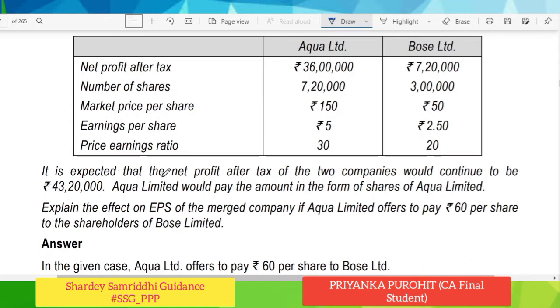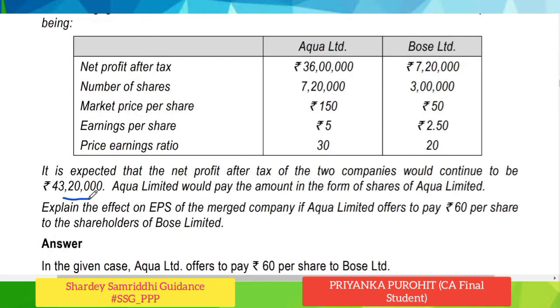It is expected that the net profit after tax of the two companies would continue to be 43 lakh 20,000. How 43 lakh 20,000? They have just added these two figures. 36 lakh plus 7 lakh 20,000 will give you 43 lakh 20,000. Aqua Limited would pay the amount in the form of shares of Aqua Limited.